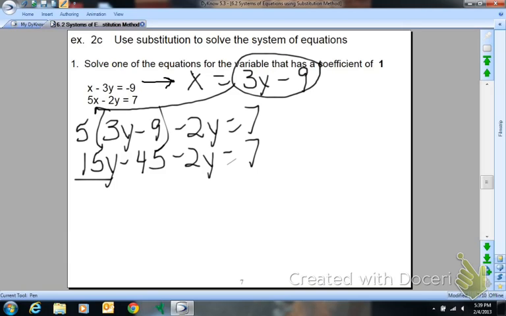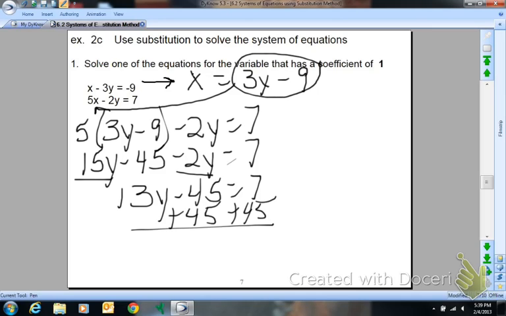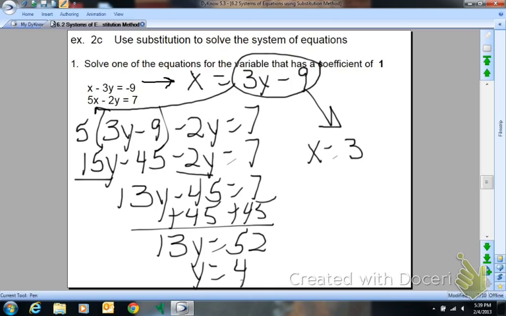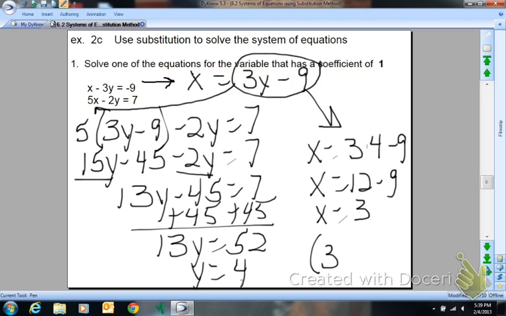Combine like terms, 15y and a -2y is 13y. Add 45. Divide by 13, and y is equal to 4. Now I'm going to plug that into the equation that's solved for x. So x is equal to 3 times 4 minus 9. So it's 12 minus 9 is 3. So my answer, again, is 3, 4.